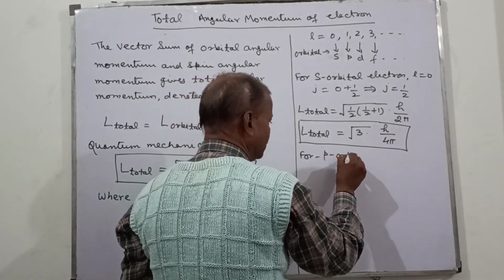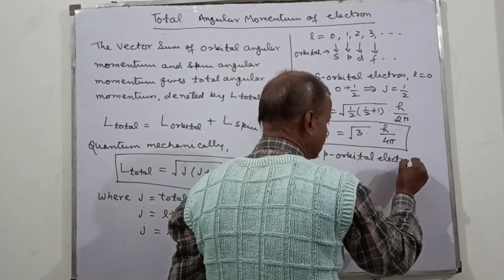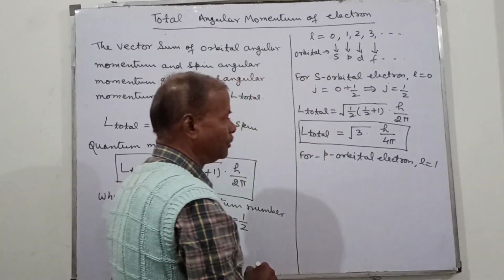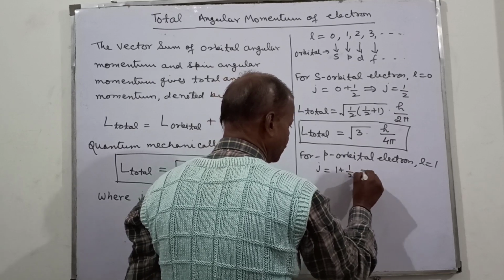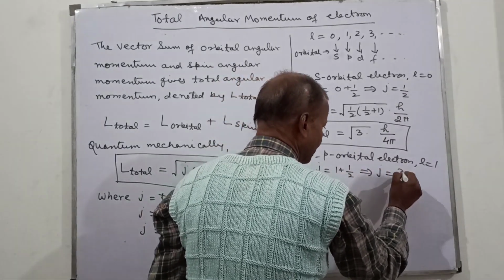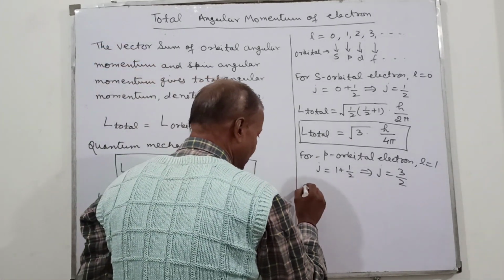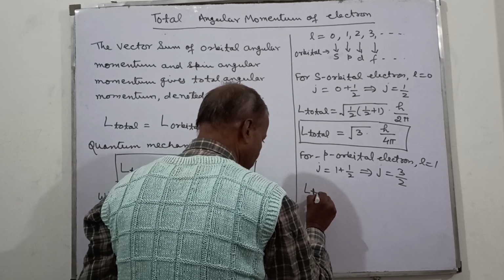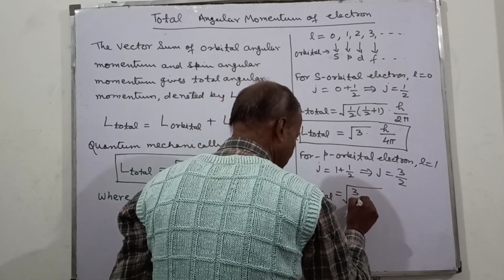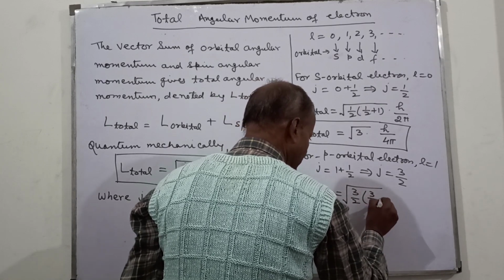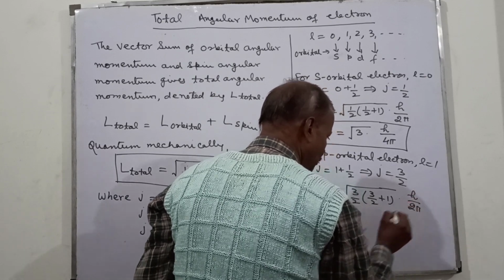And now for P orbital electron, L is equal to 1. So J is equal to 1 plus 1 by 2, so J is equal to 3 by 2. Now we can have this L total equal to square root of 3 by 2 into 3 by 2 plus 1 into h upon 2 pi.